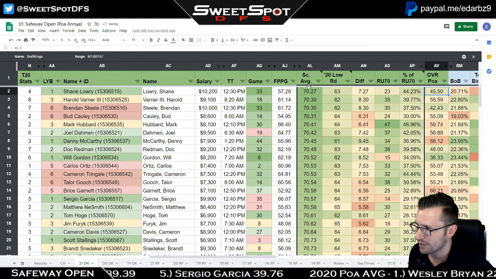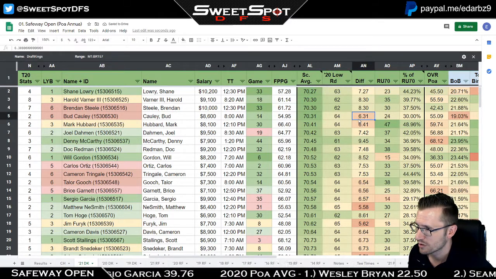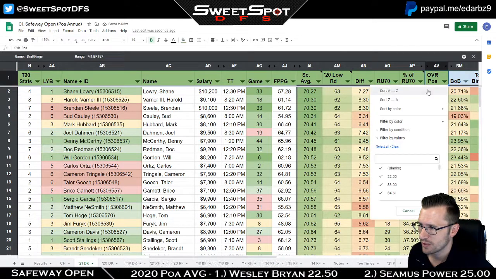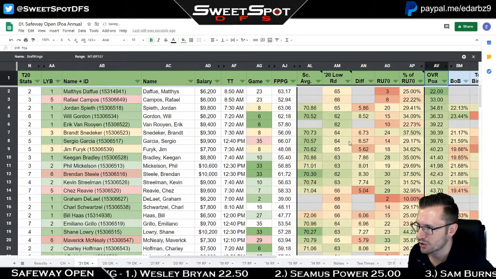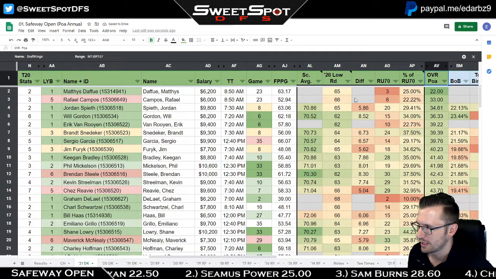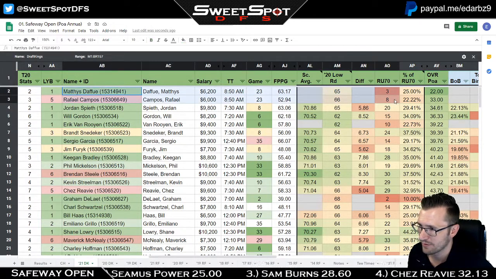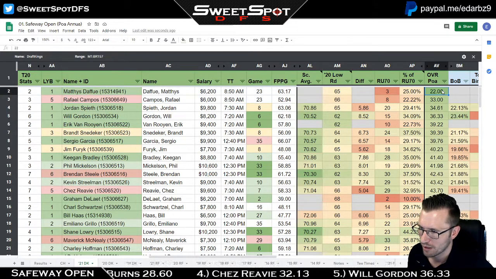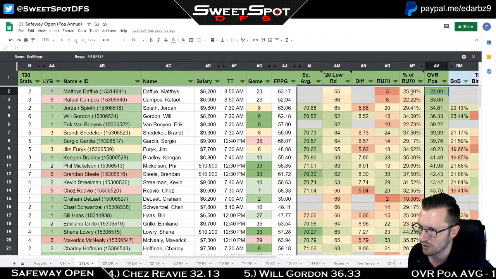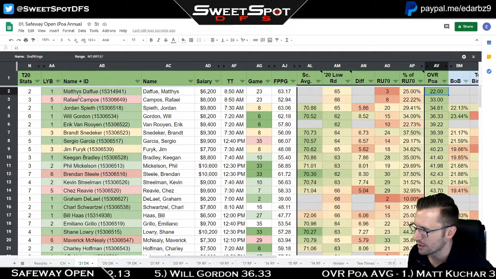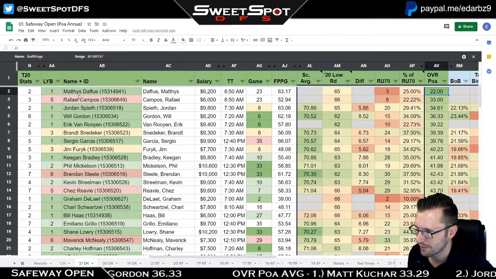So scoring average. Trying to find the best way to do this. How about this? Looking at everybody that's good on POA. These guys don't have a lot of rounds with POA information. So although they have good POA stats, I wouldn't really look for them.